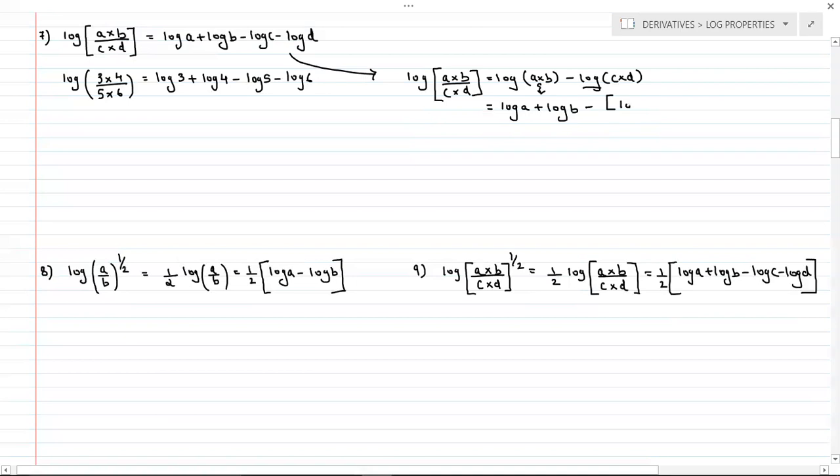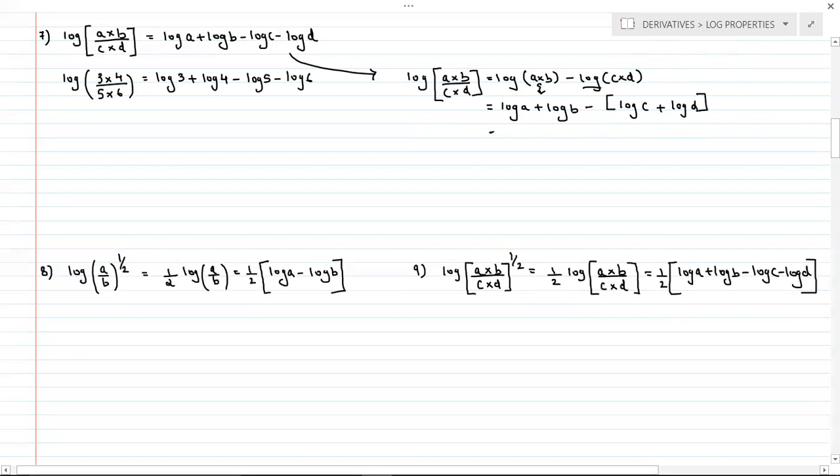So when you write this property, you write log c plus log d inside the bracket, because your minus is there and there are two terms. When you open the bracket with the minus, the symbol will change. That's why you write that part inside the bracket. So we can write this as log c plus log d.